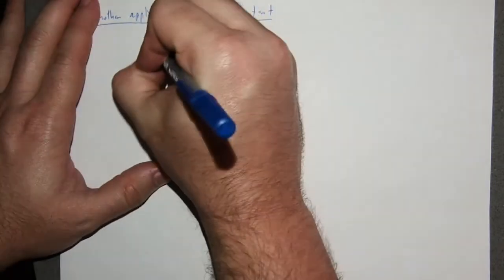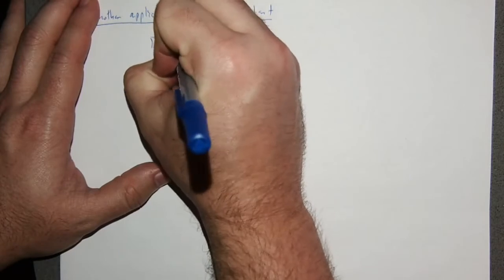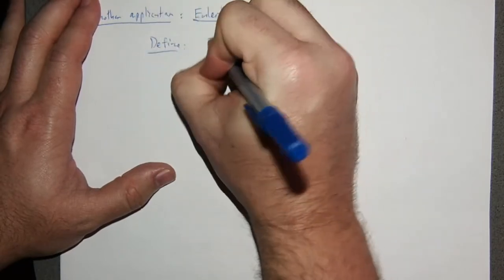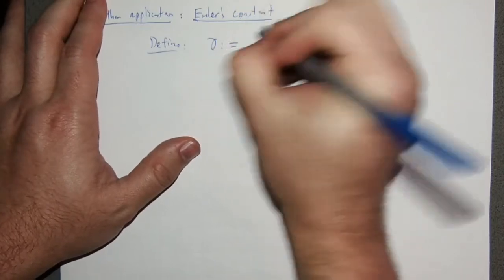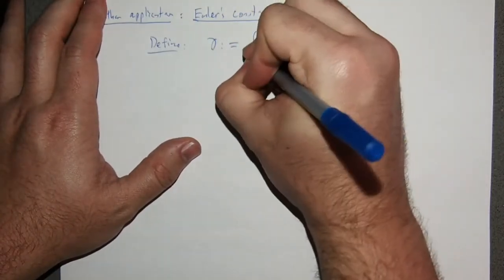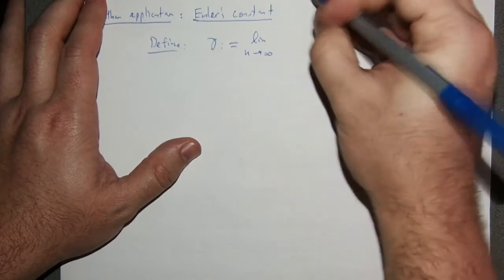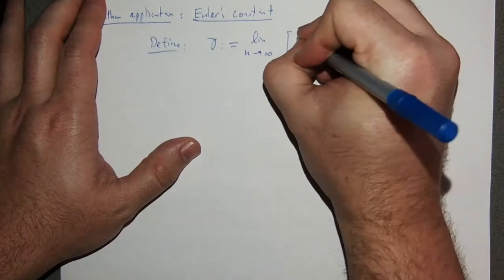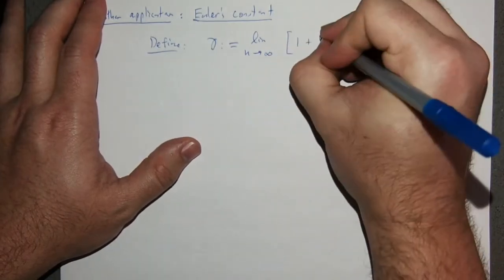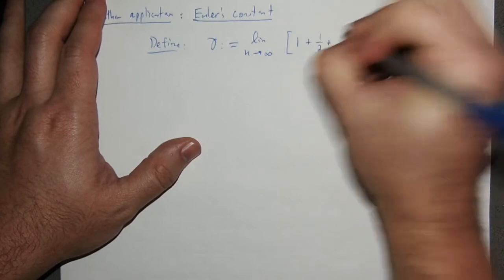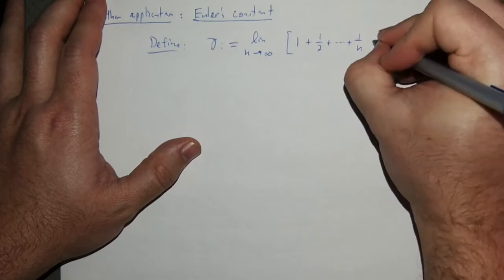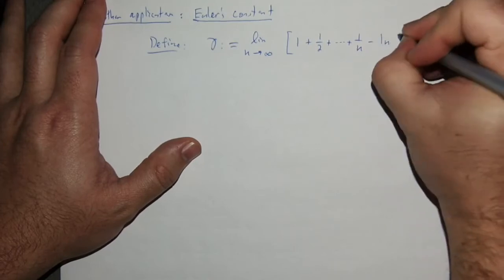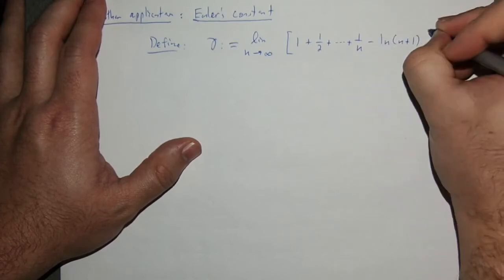So I'm going to define this gamma to be the limit as n goes to infinity of the expression 1 plus 1/2 plus ... plus 1 over n minus the natural log of n plus 1.